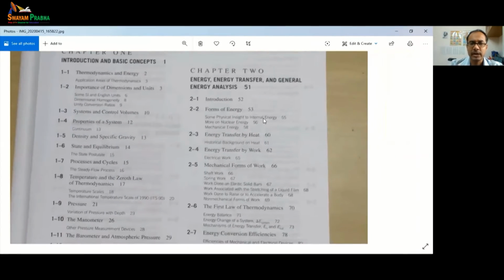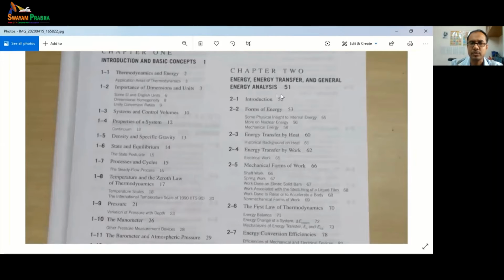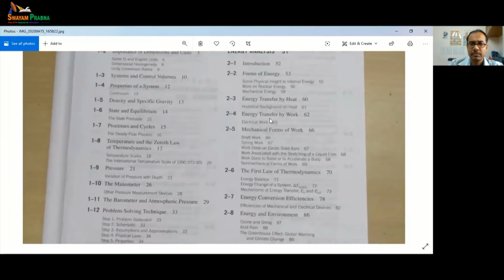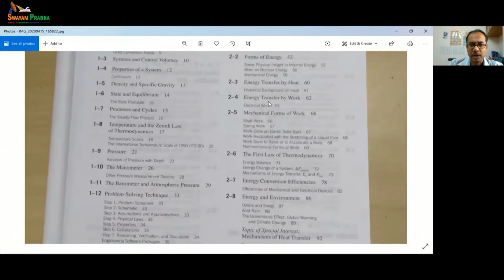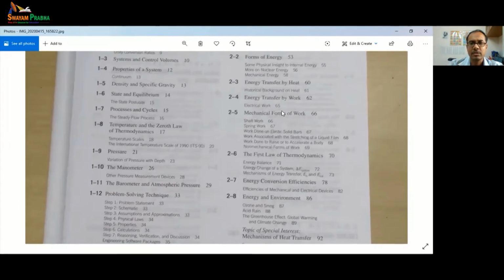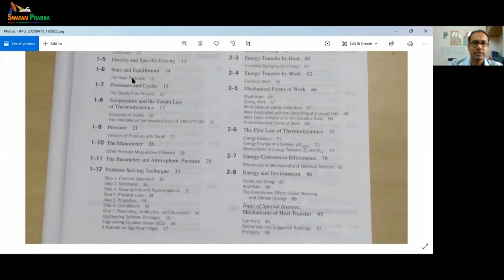Now we are going to look at few problems from chapter 2, which talks about energy, energy transfer, and general energy analysis. So this is the problem from this chapter, we will take up few problems.